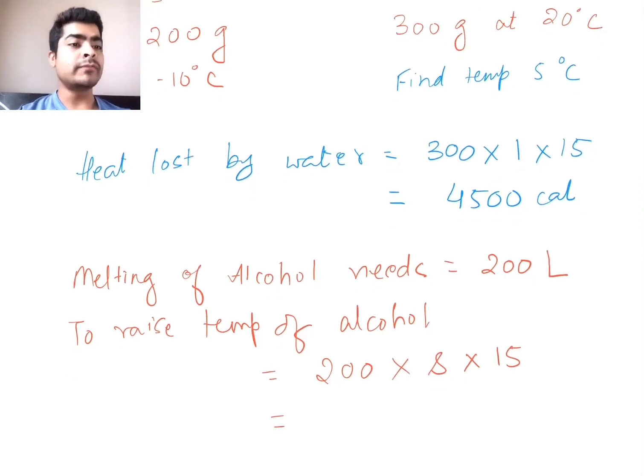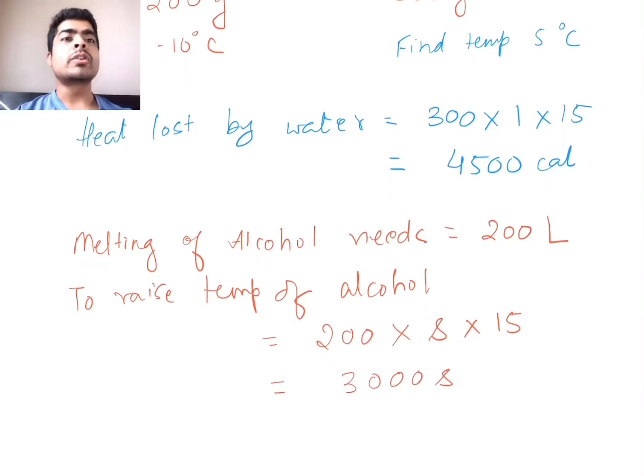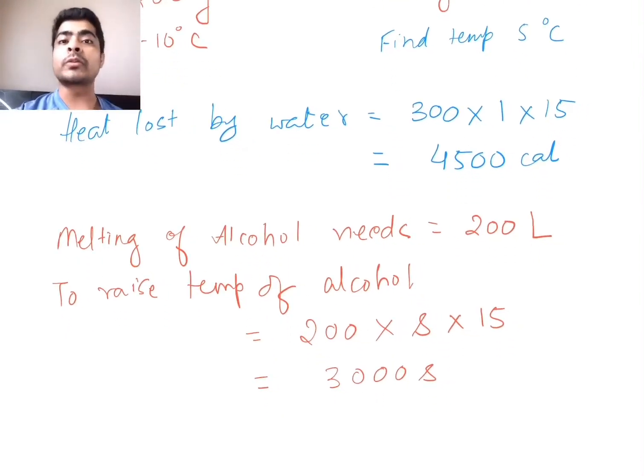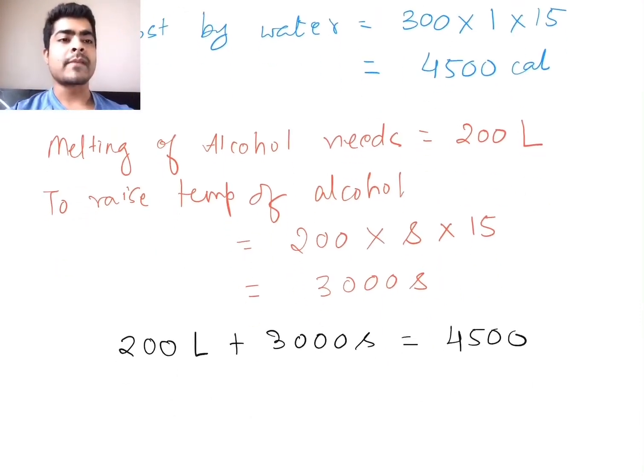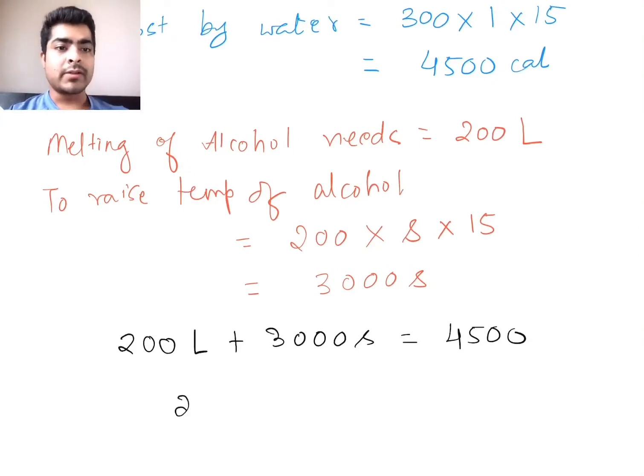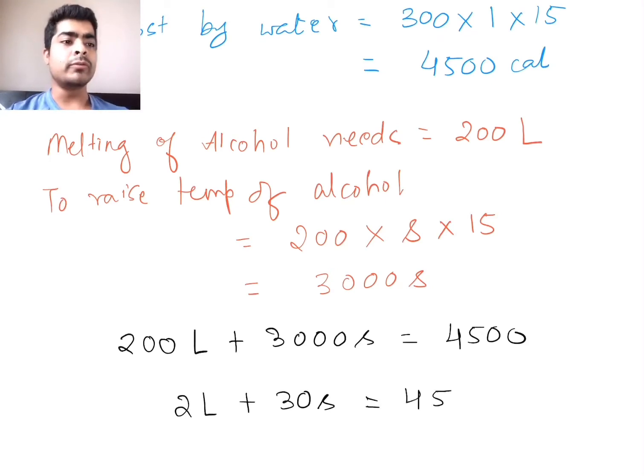So this is equal to 3000 S. Total heat lost by water should be equal to total heat absorbed by alcohol. So heat lost by water is 4500 and heat absorbed by alcohol is 200 L plus 3000 S equal to 4500. I could remove zeros from here. So 2L plus 30S equal to 45. This is your first equation.